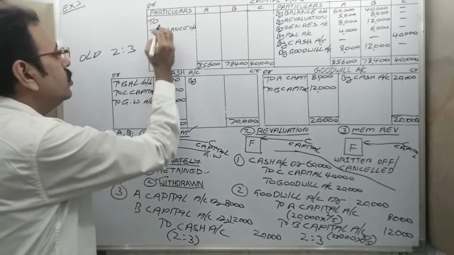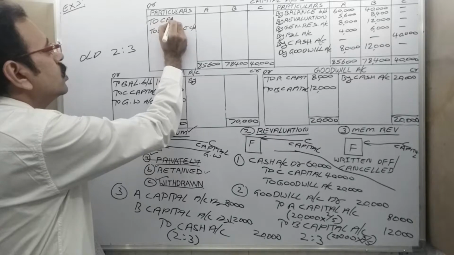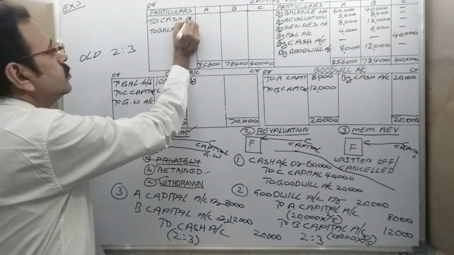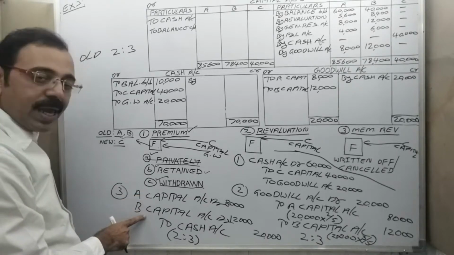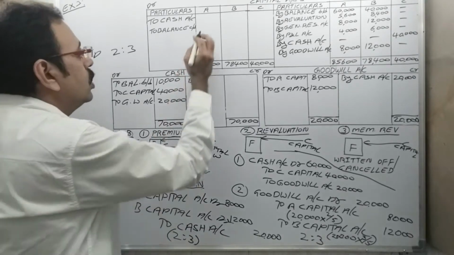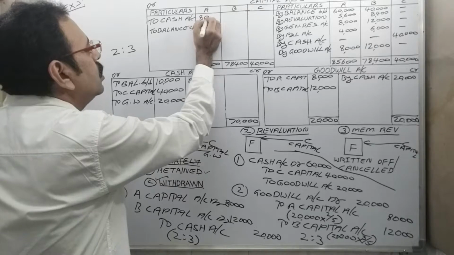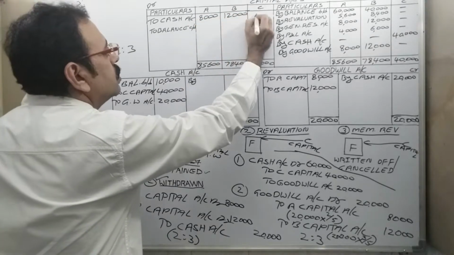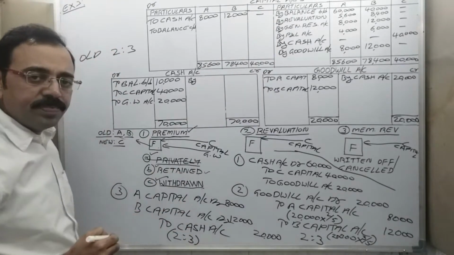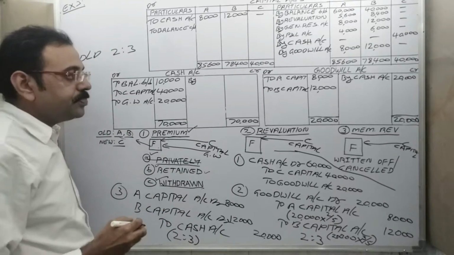Write down that word: To cash account. In whose columns? We have debited A and B capitals. Therefore, write down the amounts in A and B columns. For C, don't write anything.